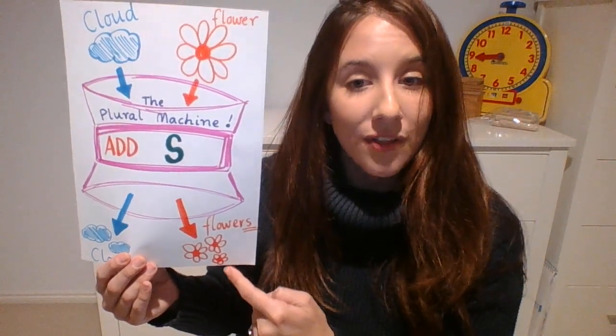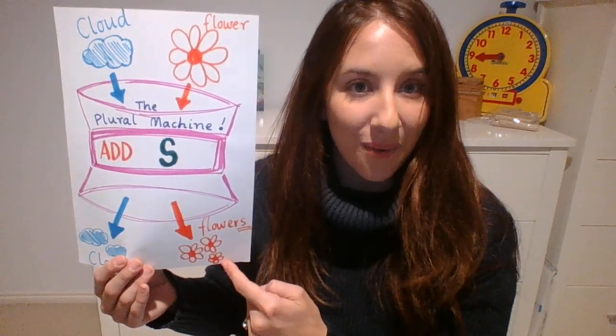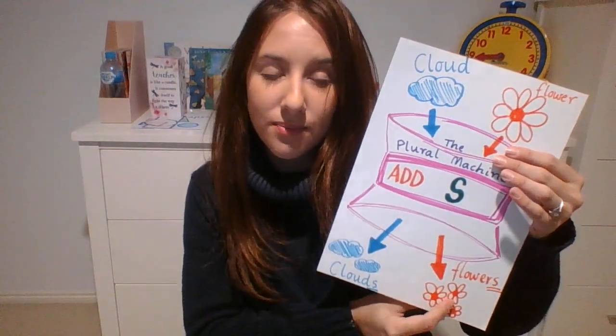There is more than one flower. All right. Now, a lot of the time, words that are plural have an S at the end, okay? Like these ones, like clouds and flowers. Plural words don't always have an S at the end, but lots of the time they do.